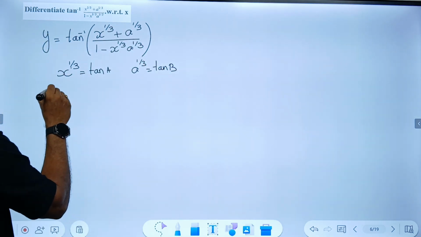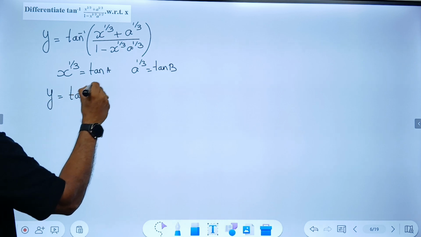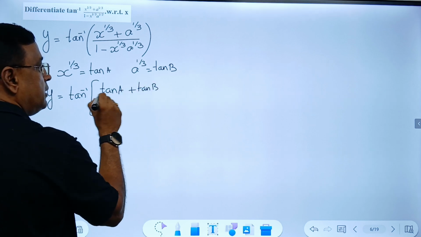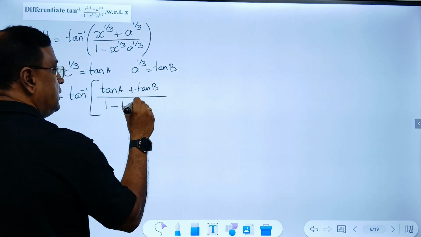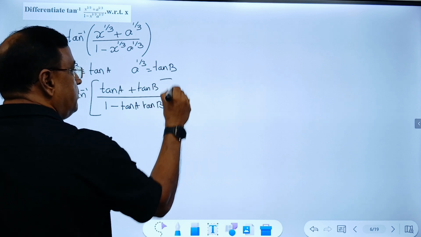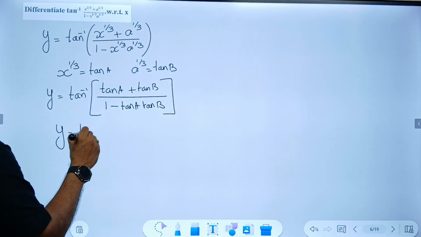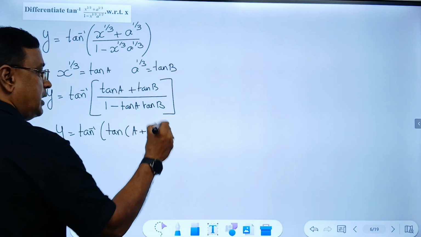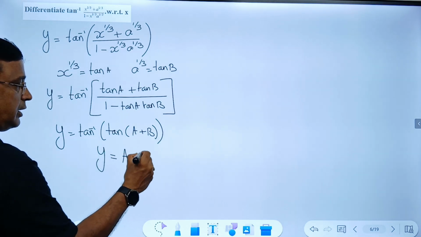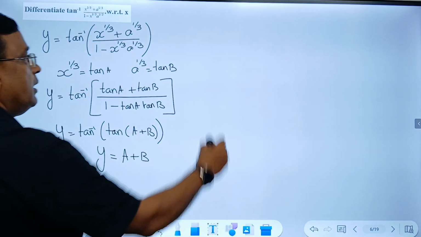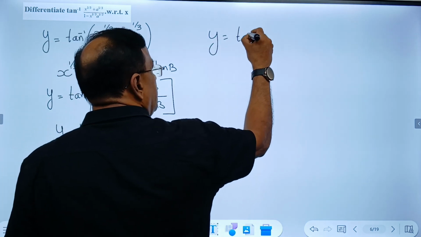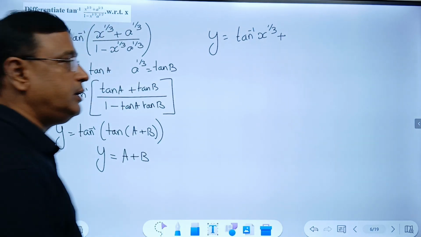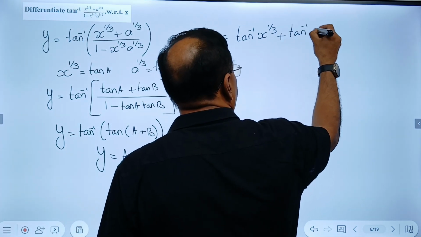The moment I do that, I get y equal to tan inverse of, this will be tan A plus tan B divided by 1 minus tan A tan B. What is tan A plus tan B by 1 minus tan A tan B? It is nothing but tan of A plus B. So what is tan inverse of tan A plus B? It is A plus B. Now what is A? A is nothing but tan inverse of x power 1 by 3. And what is B? It is tan inverse of a power 1 by 3.